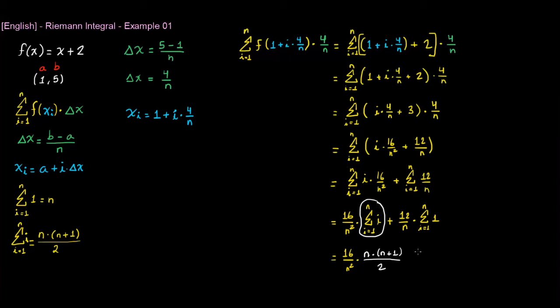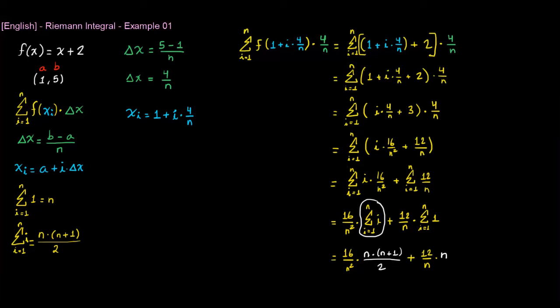Now plus 12 over n times the summatory of 1, which will be equal to n. There it is. Now we can work with this.